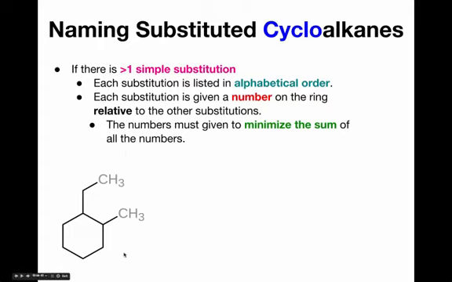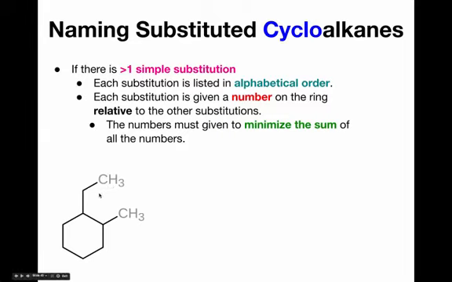Again, we look at this molecule here and it contains a ring with 6 carbons in it. 1, 2, 3, 4, 5, 6 carbons in the ring. These other carbons over here and over here are technically not part of the ring. They're considered substitutions. So 6 carbons in the ring means that this ring is a cyclohexane ring, and then we have 2 different substitutions.